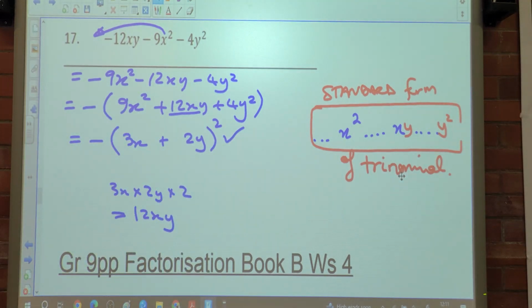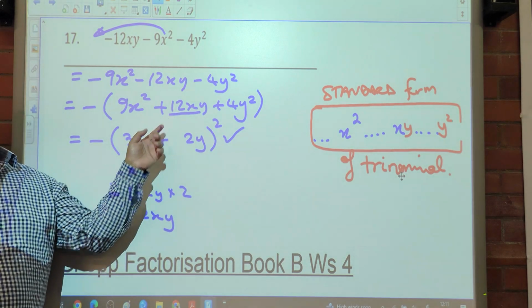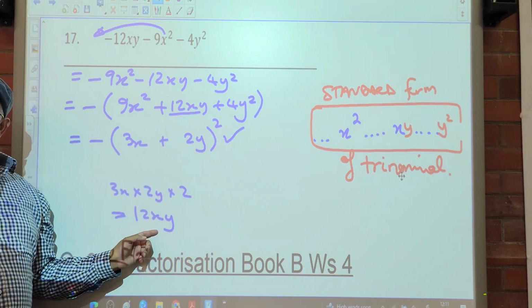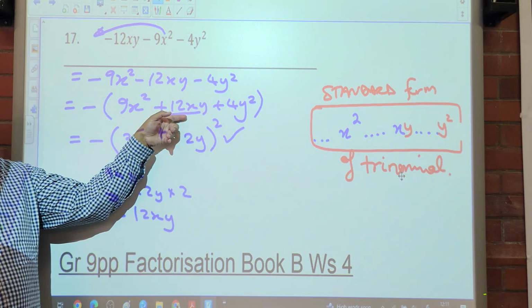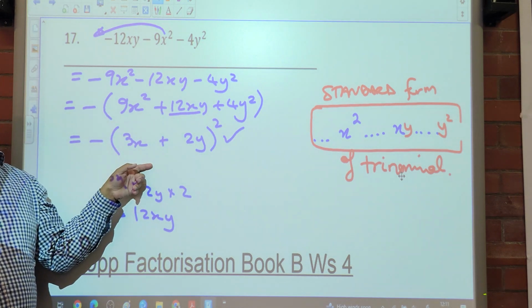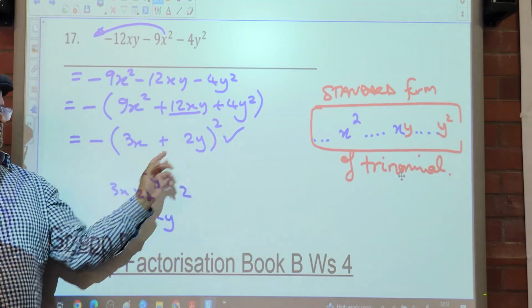Right. Any confusion here? Yes, Michael. If it doesn't work, if this is not equal to that, if you multiply this out and you don't get 12xy, then what do you do, people? You leave it like it is.